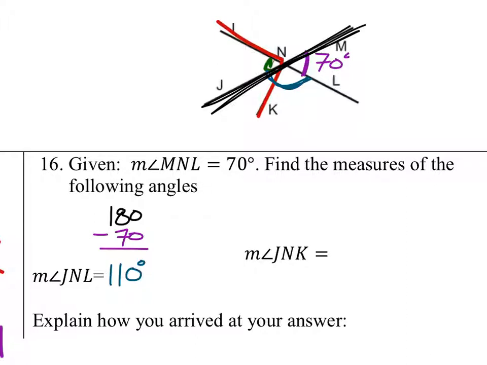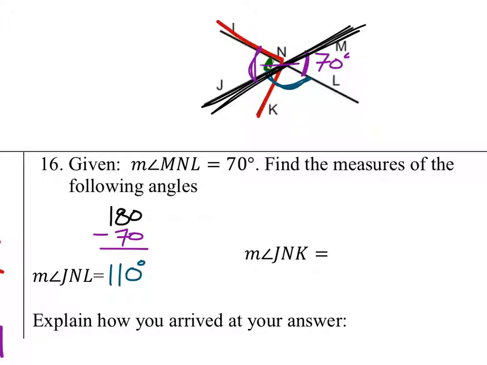Measure of angle JNK, I guess that'd be junk, right? On this one, we see JNL is 110 degrees. And I'm going to do this one a little different. First off is INJ.